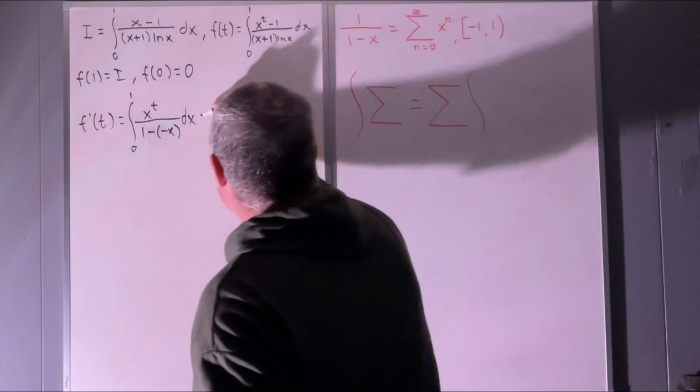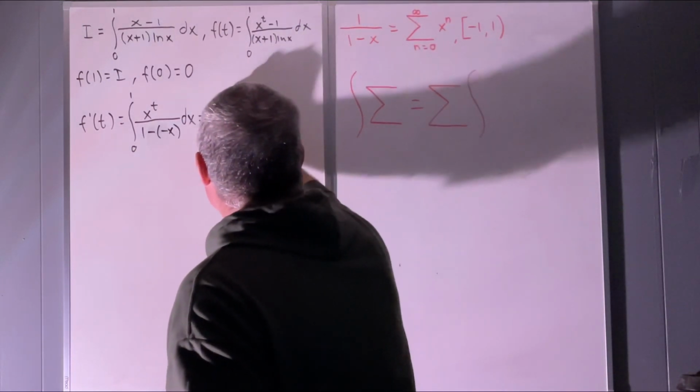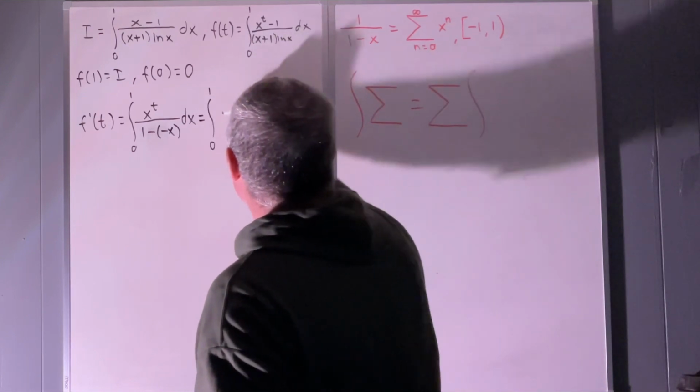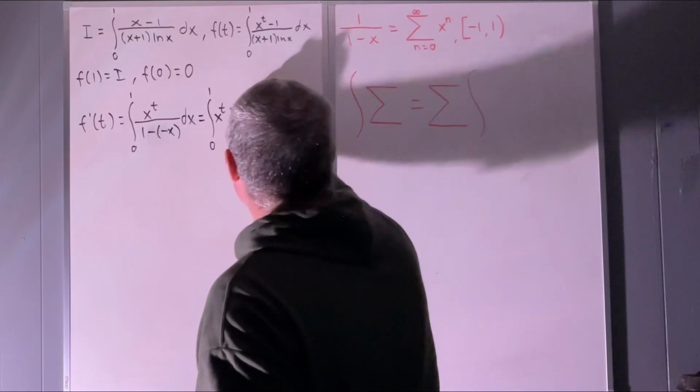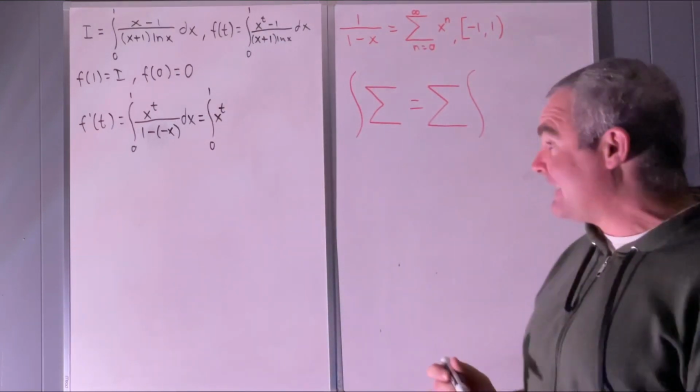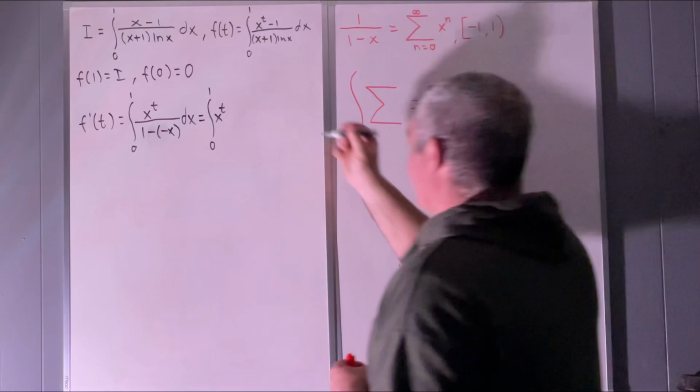That would give us, this would be equal to the integral from 0 to 1. We'll leave the x to the t alone for now. And then we'll convert this 1 over 1 minus x into sum notation.